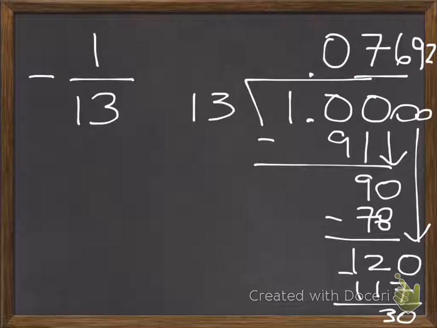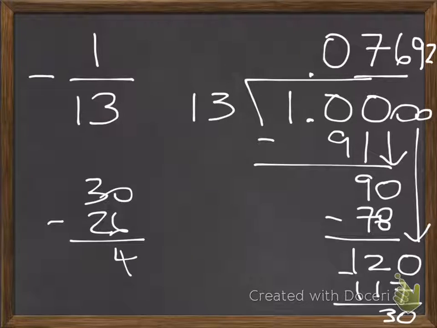Keep going. So I have 30 minus 26. 13 into 40 is 3 times. And that'll get me back to 13 into 10. So I'm going to have 0.076923 as my answer. Ran out of room here.